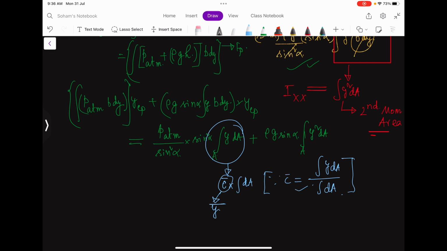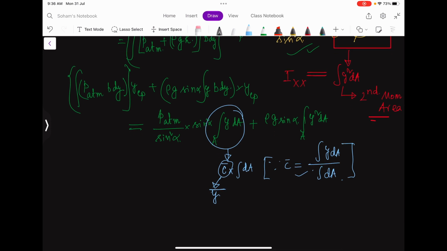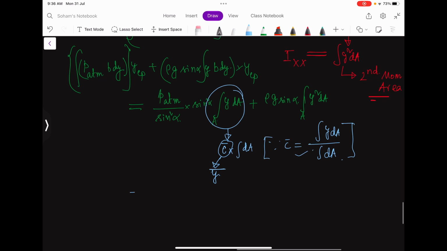So if that is fine, then I can write this equation as patm into integral of dA into this y bar, plus rho g sin alpha Ixx.